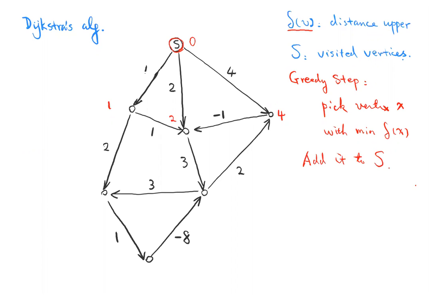Okay, so we follow this idea, and the vertex we pick will be, of course, this vertex because it has the minimum value. Now we will also add this edge to the tree. So eventually we form a shortest path tree.